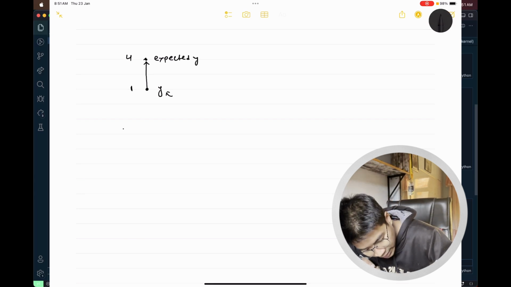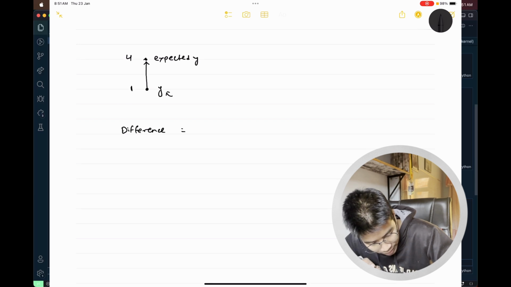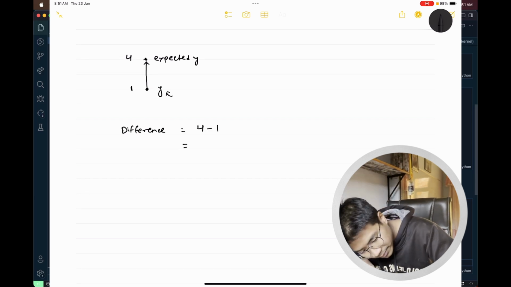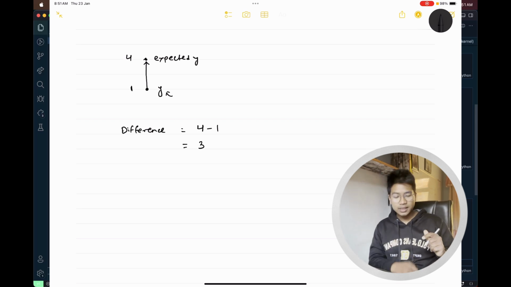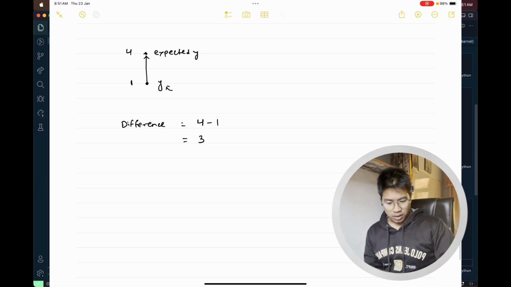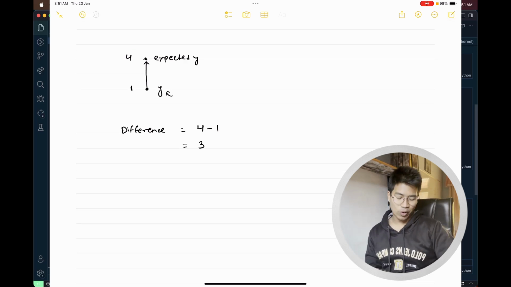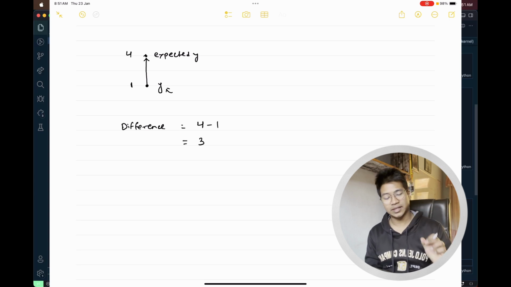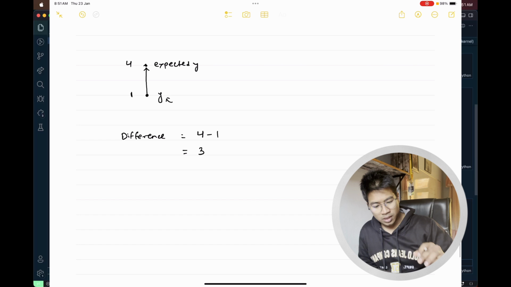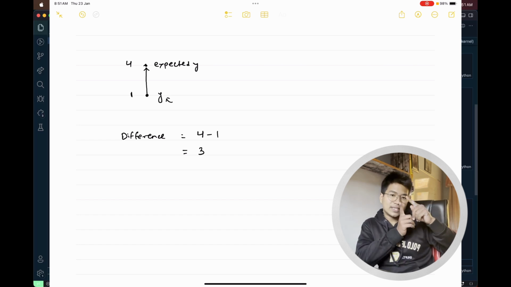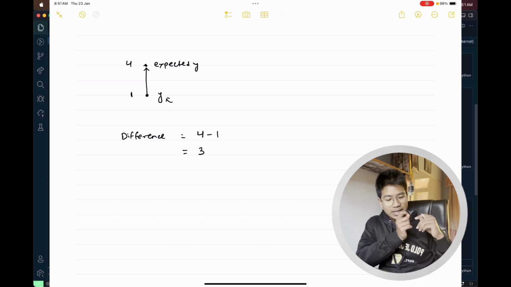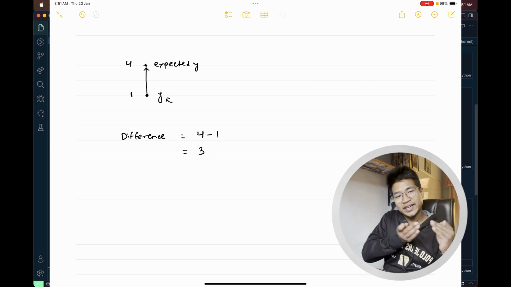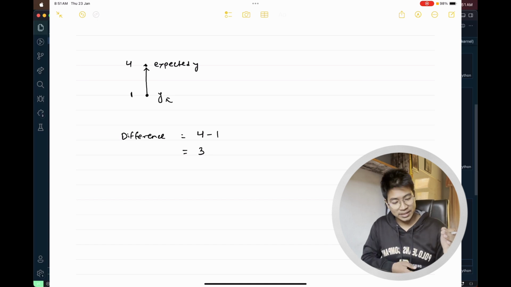Over here the difference would be 4 minus 1. That would be 3. That makes sense? So what I want to do is minimize this difference, because if my difference is very, very small, then that would mean that my y value is very, very near the expected y value. Does that make sense?